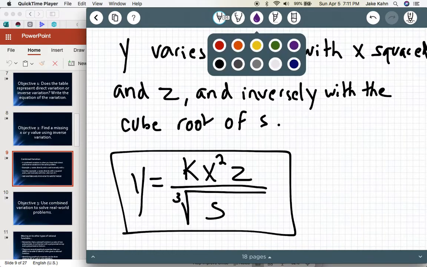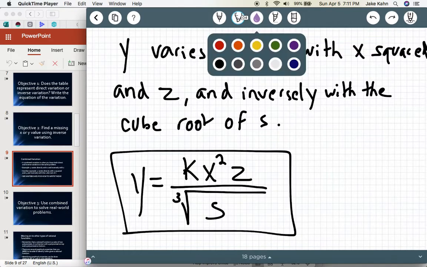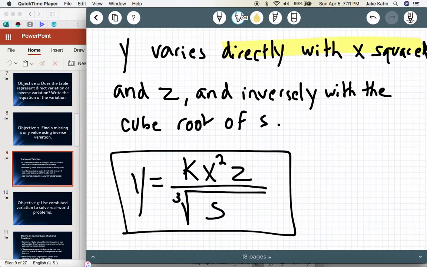directly, oh, that was wrong. There we go. Directly with x, I'm gonna do that again. Let's make this yellow. Directly with x squared and z. That means that it shows up on top because it's direct variation. And y also varies inversely with the cube root of s.